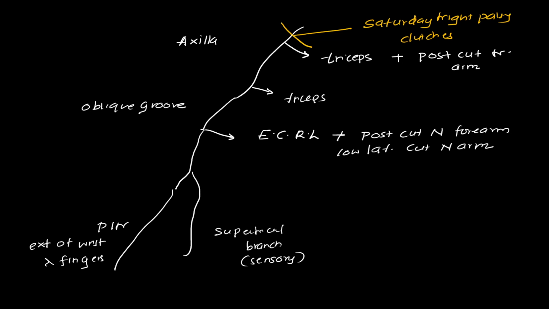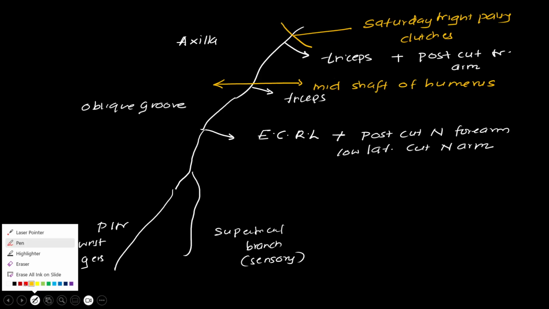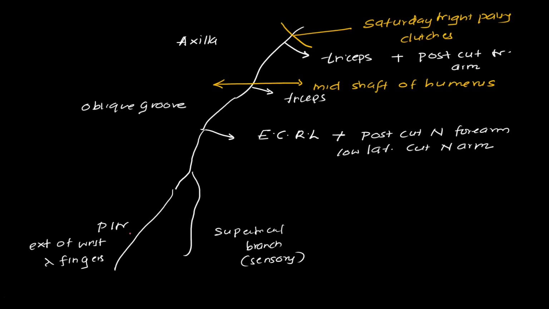But if there is a mid-shaft fracture of the humerus, you would see that the triceps are spared because the nerves that are provided to the triceps come from the axilla itself.